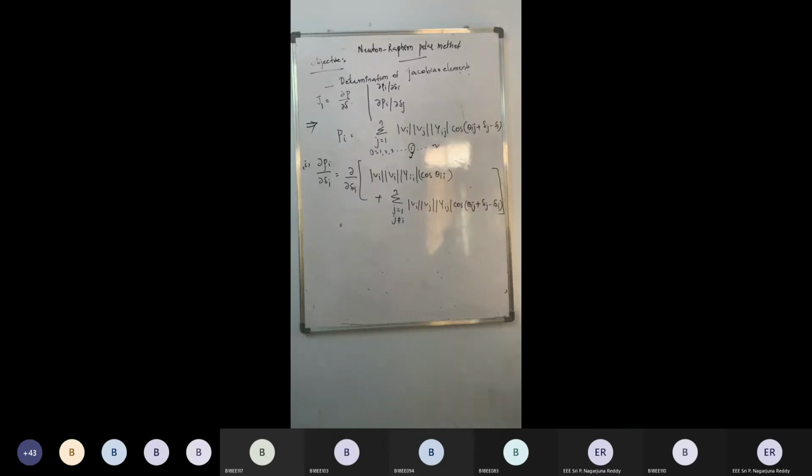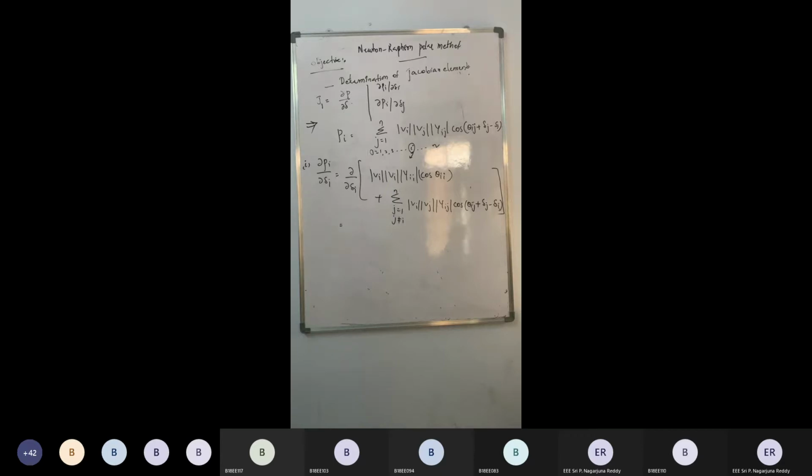In a sigma term, where j is equal to 1 to n, you may encounter I again. So in that case, in partial differentiation, the very fundamental equation in partial differentiation, if you are supposed to derive it again with respect to I, you are supposed to treat that term separately. So that's why I have treated that I term separately and I have written the remaining terms as separate.